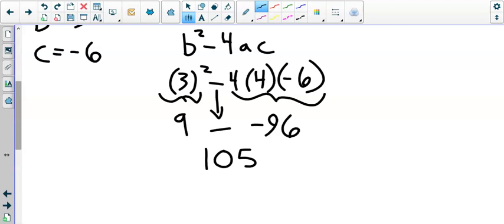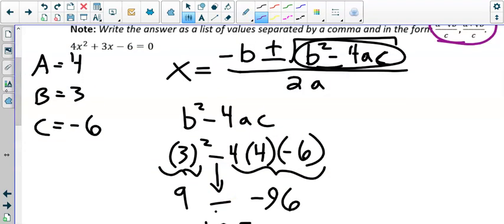So this is the number that is under our square root. And that's what I do now. I deal with the rest of the formula. All I'm going to do is go up, and now all I have to plug into is this and this, because we already know that. So I kind of break it apart that way.